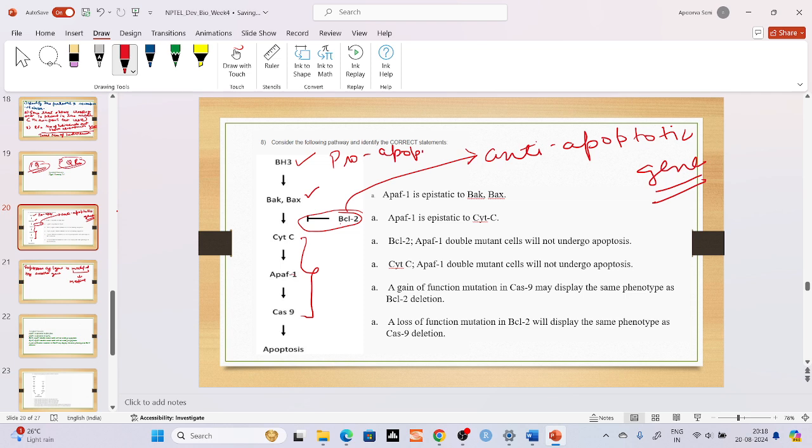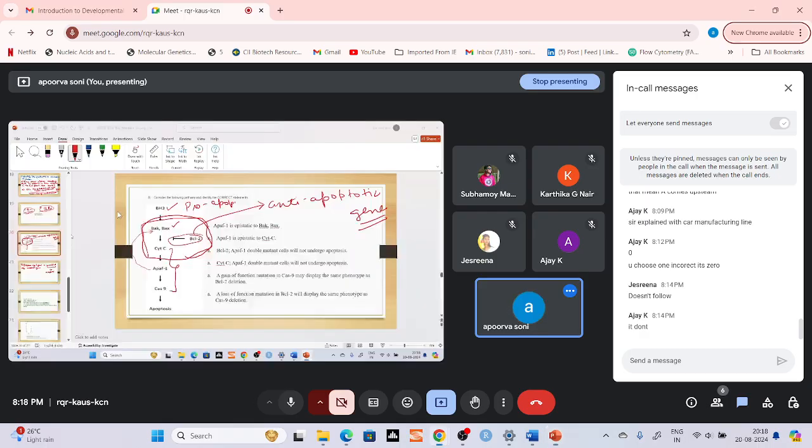APAF is able to mask the expression of BAX, cytochrome C or BCL2. So it is continuing the function of apoptosis. That means APAF is epistatic to BAK and BAX. When I say epistatic to BAK and BAX, it means APAF is able to mask the function of BAK and BAX.